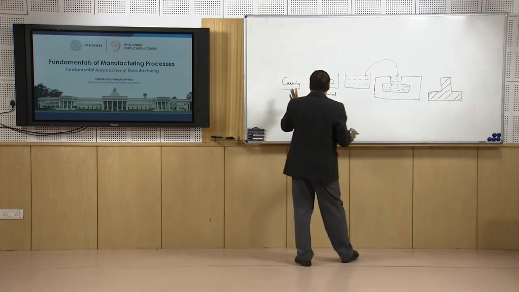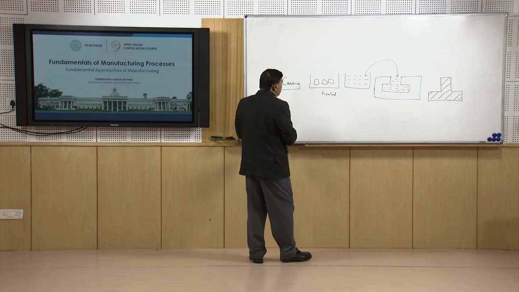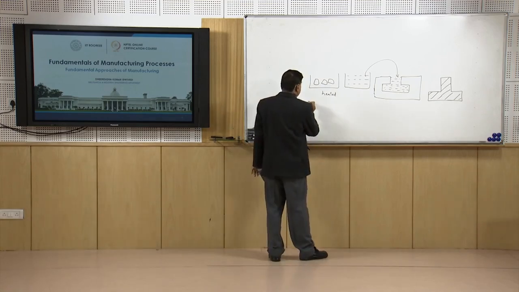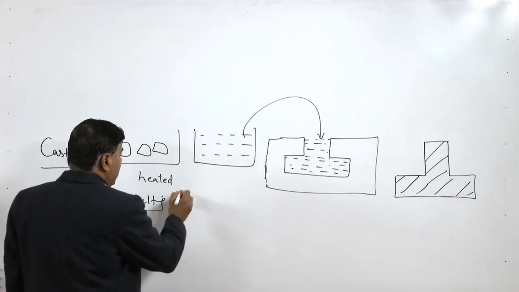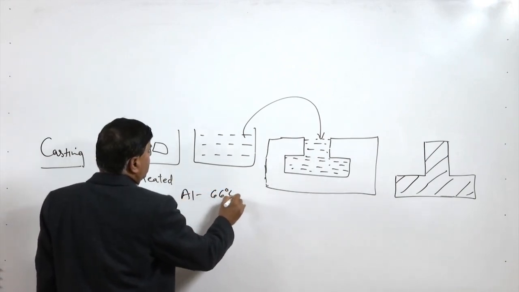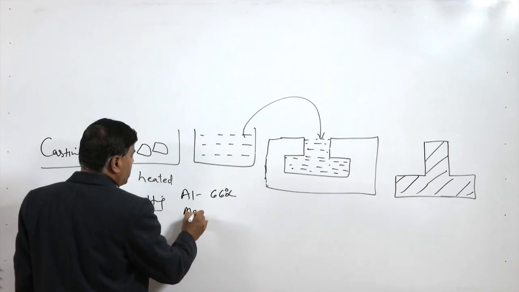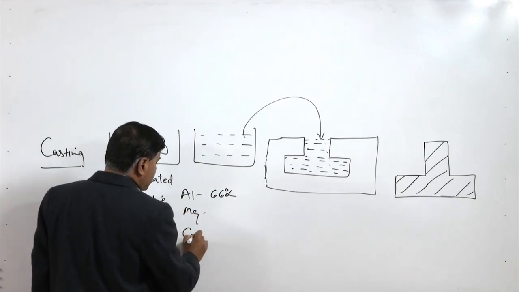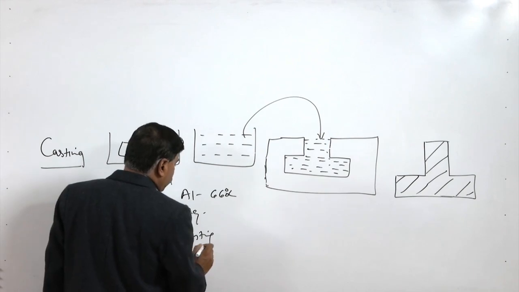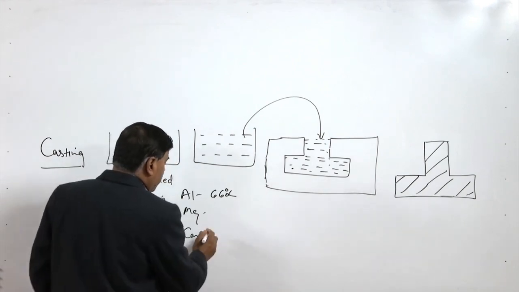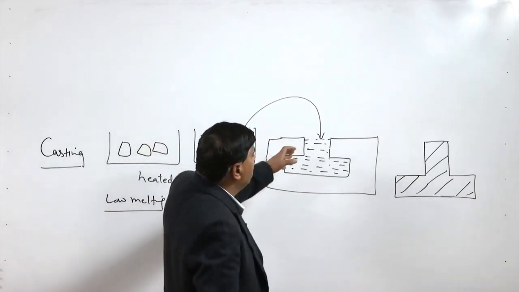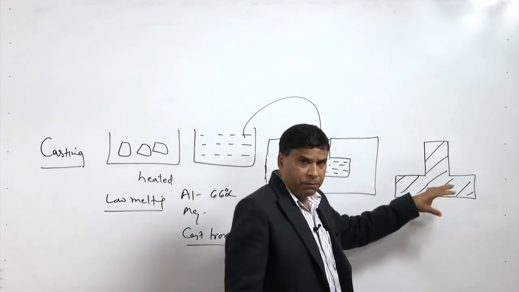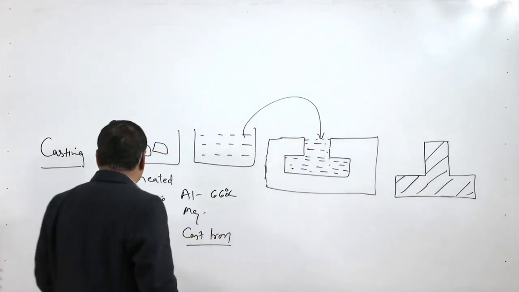So, this is what is there in the casting approach, but for this purpose what is needed? The melting point of the metal to be processed must be low. That is why aluminum having like say 660 degree centigrade melting point, magnesium and cast irons, having low melting points, are easy to melt and easy to process to get the desired product through the casting route.